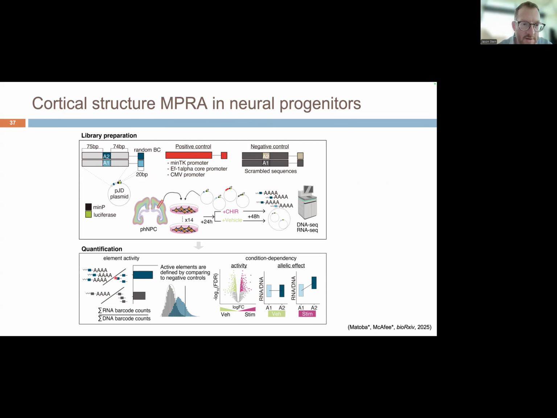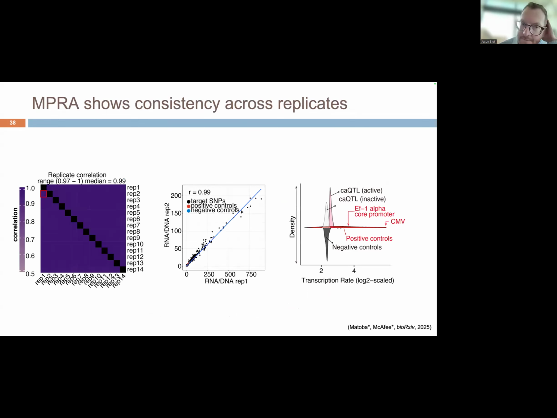We then quantified the level of activity in these barcodes and compared them to negative controls to determine if the MPRA elements were active, MPRA active elements. We also looked for condition specificity of these MPRA elements and for allelic effects of these MPRA elements, both in the vehicle and the stimulation condition. So in this type of study, we're again trying to find the function of these genetic variants that are associated with differences in cortical structure.